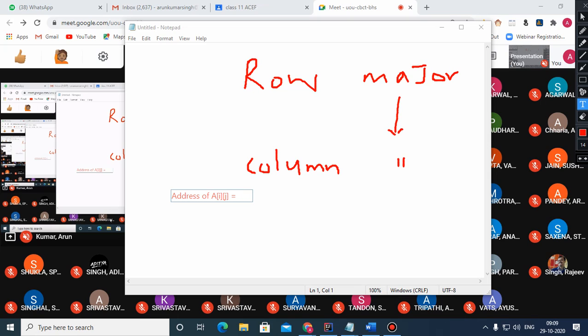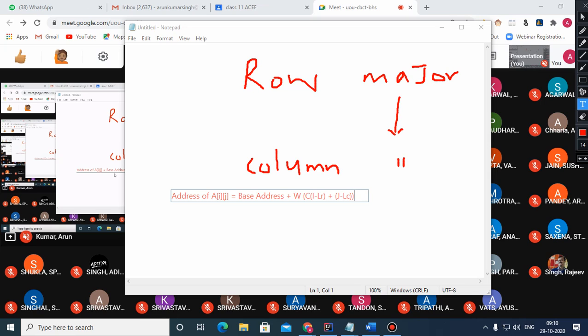This is the address of the required element, and here you have to write base address plus W, which represents word length, times C times I minus LR plus J minus LC. Children, this is the formula.